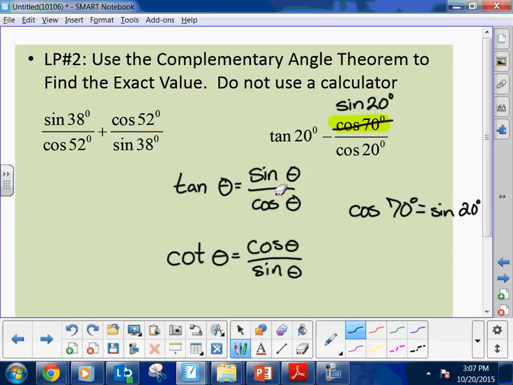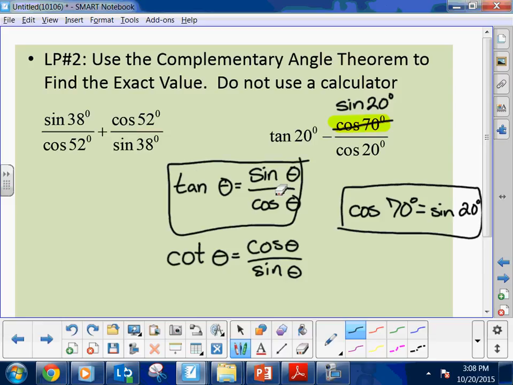Oh yeah, I wrote a couple of options. I took only one of them. The option I took was this one, and I'm going to use this idea because now you see how I have the sine of 20 over the cosine of 20 degrees? I could call that now the tangent of 20 degrees.